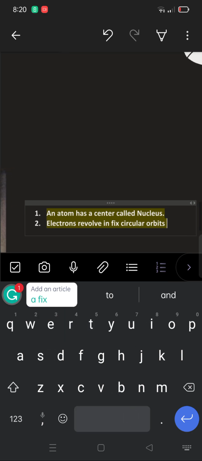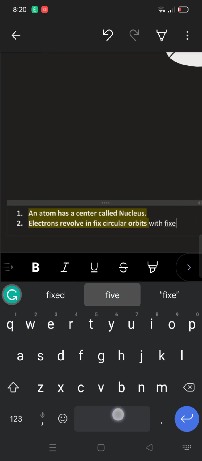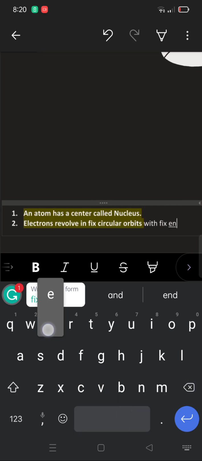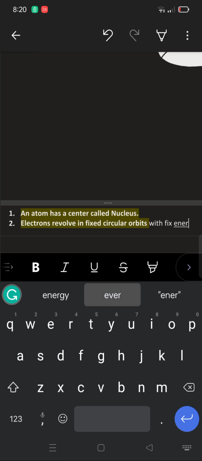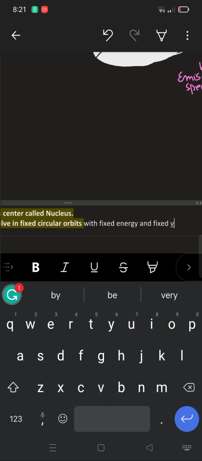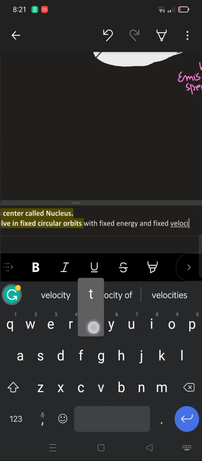Fixed circular orbits. Now this is the most important point, with fixed energy and fixed velocity, right?